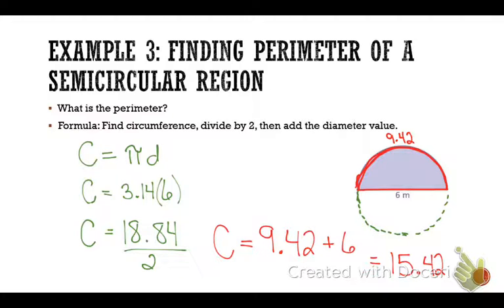So I found the circumference and halved it to figure out what half of the circumference would be, and then I added that last flat side. Does that make sense? Yes. Okay, and I found the perimeter of the semicircle: 15.42 meters.